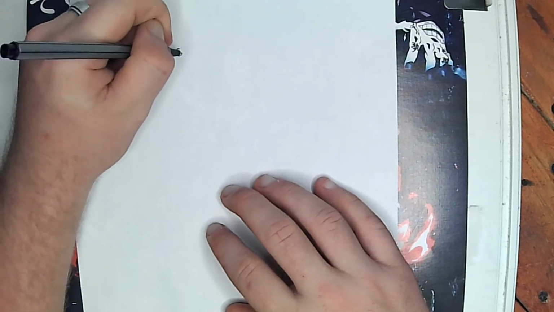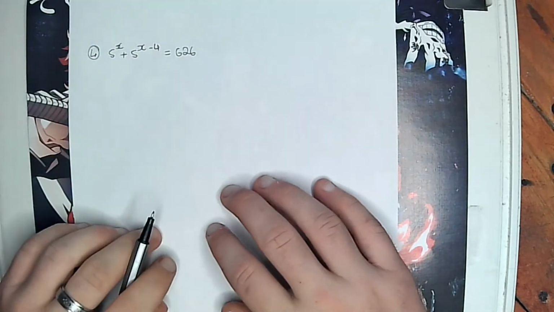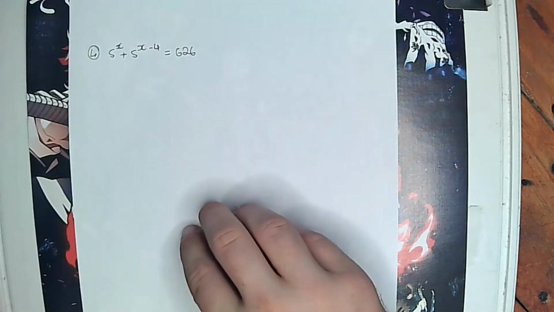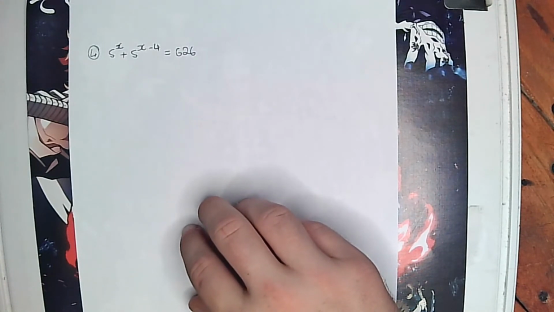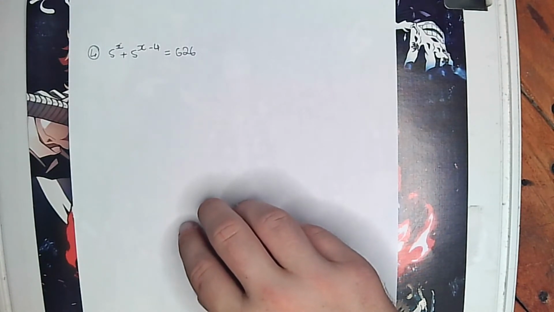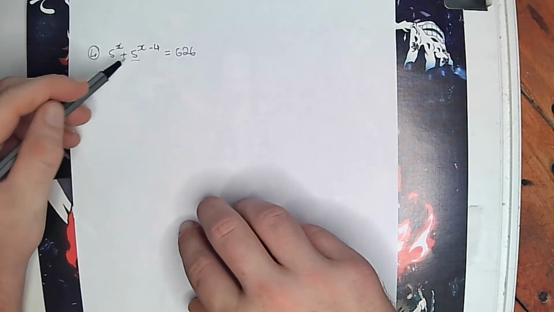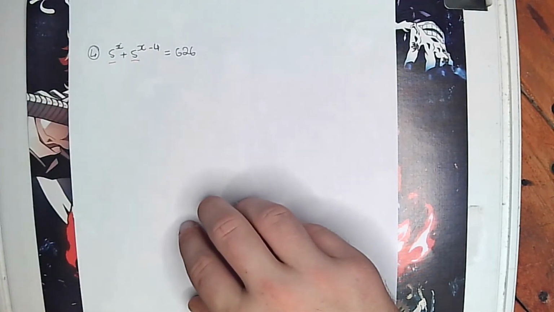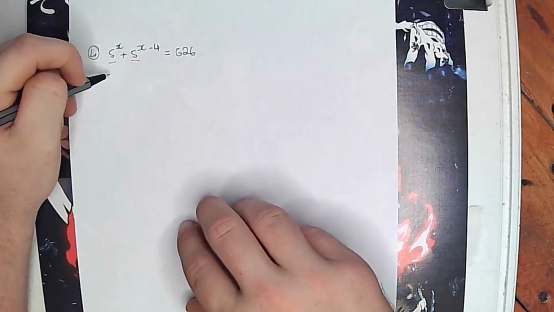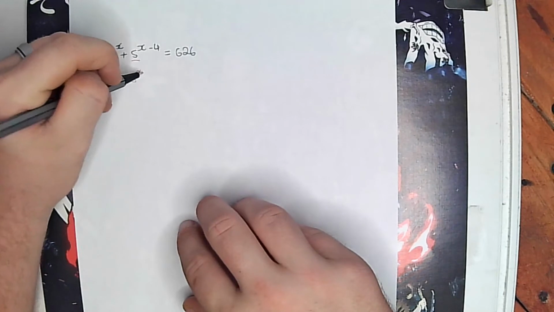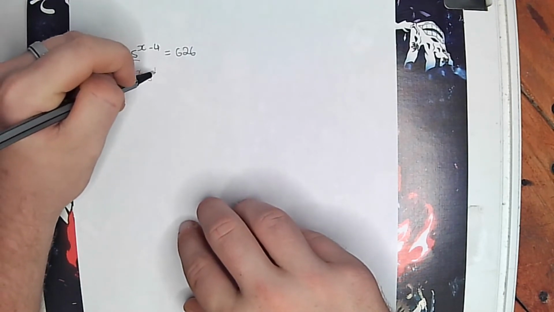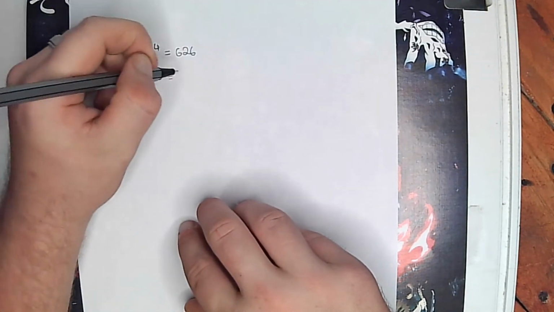Now this is actually quite a challenging problem, because what you'd first have to realize is that the 5^x here, or 5 to the power x here, can actually factor out. Because what I can do is write it as 5^x plus 5 to the power x times 5 to the power of negative 4 is equal to 626.